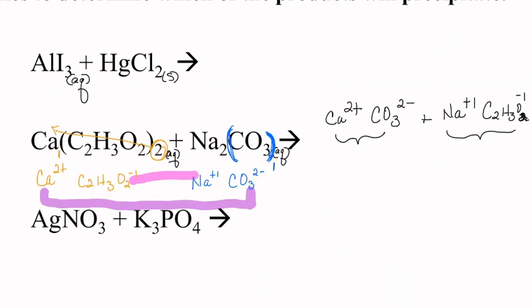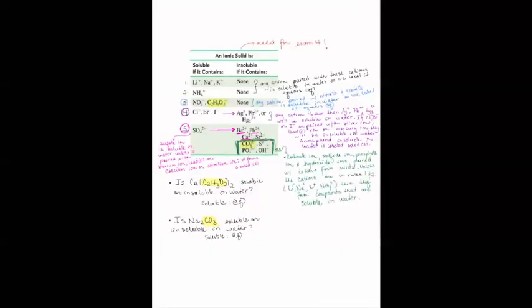And we're going to write that chemical formula. So the chemical formula of Ca2 plus and CO3 2 minus is going to be CaCO3. The chemical formula from the new combo of ions is going to be NaC2H3O2. Let's go back to solubility rules.